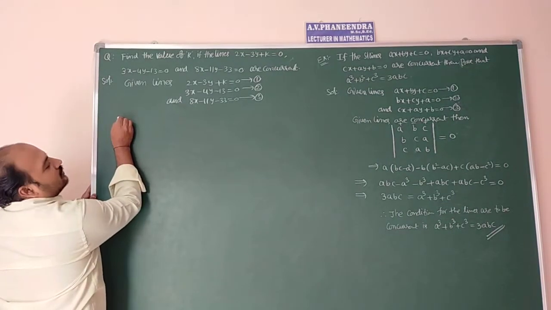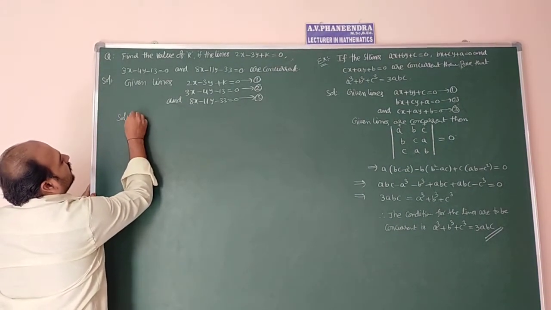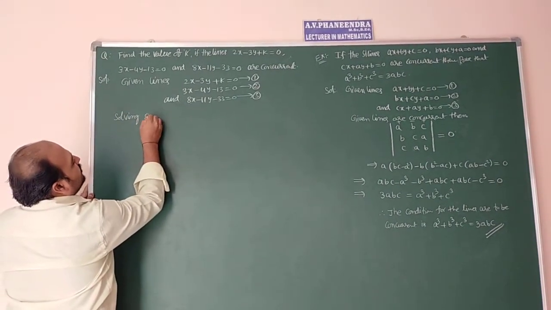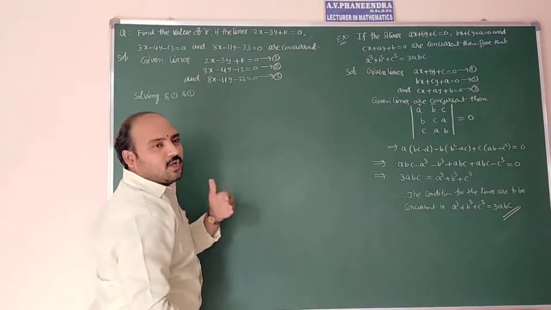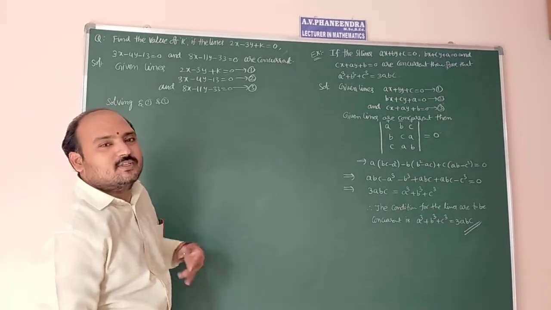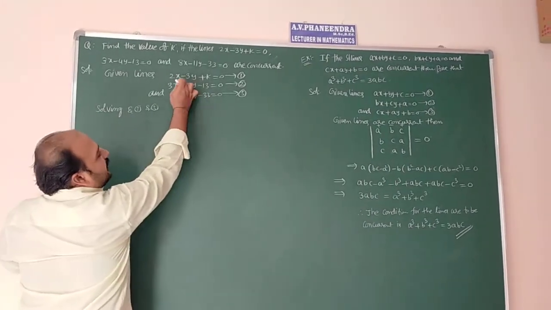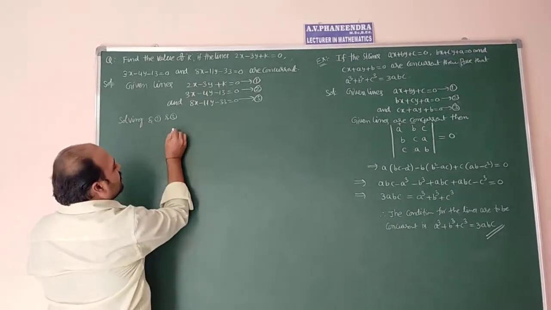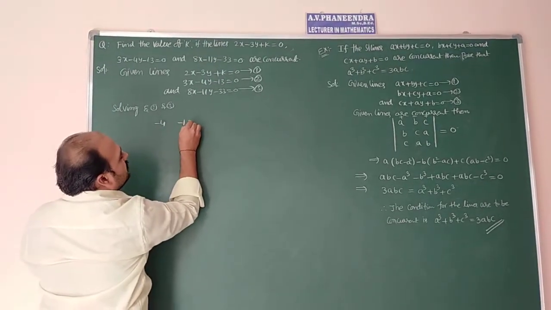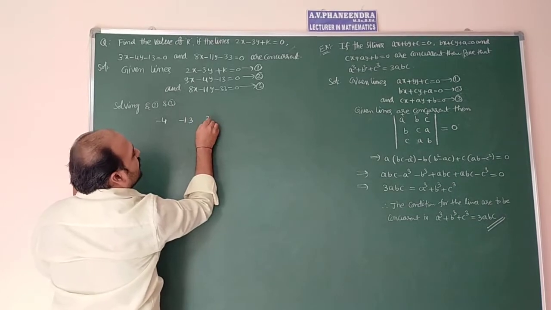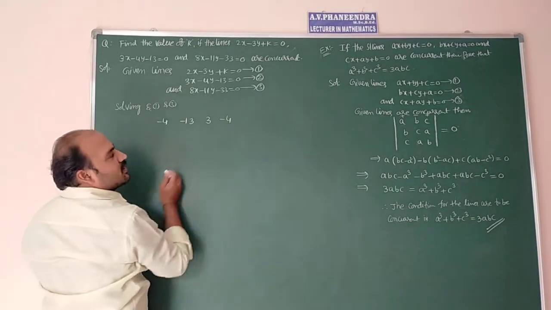Now solving equations 2 and 3 by the cross multiplication method. I already discussed how in the previous class. In the second and third equations, the y coefficient is minus 4, then the constant minus 13, next the x coefficient is 3, and again the y coefficient is minus 4.